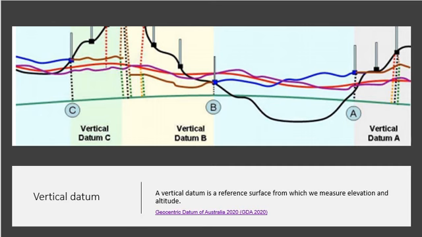All we need from this concept for this course is to remember that the vertical datum of Australia is the Geocentric Datum of Australia, and there are two versions of that: GDA 1994 and GDA 2020. Nowadays, GDA 2020 is used for many GIS works across Australia.